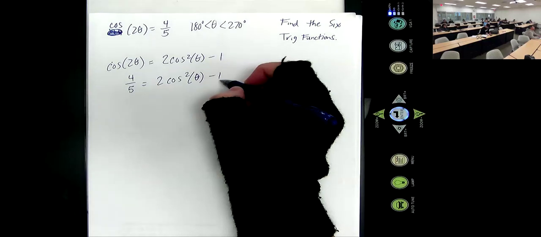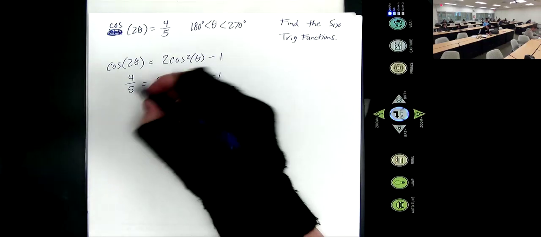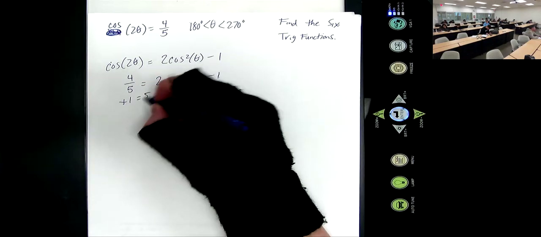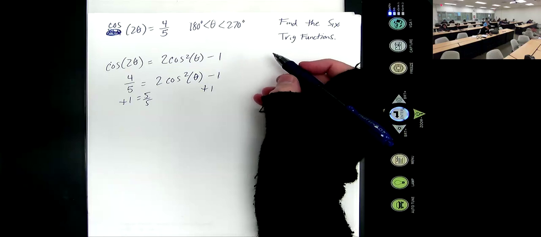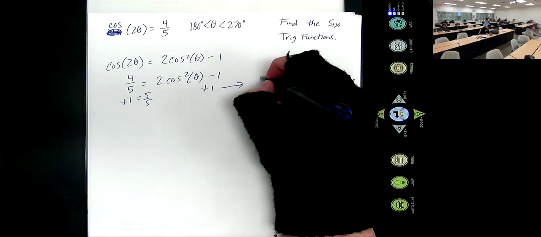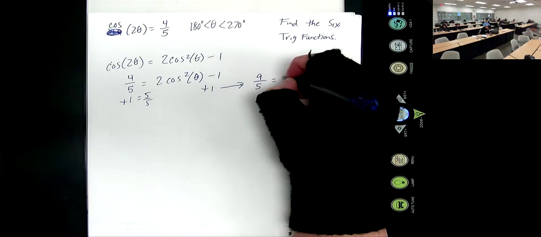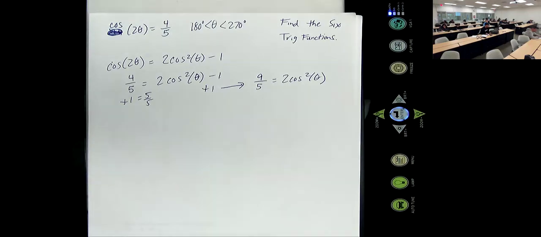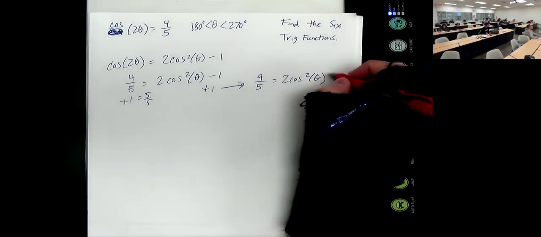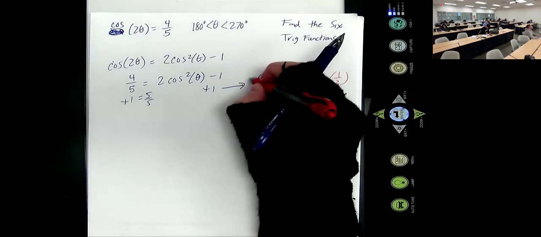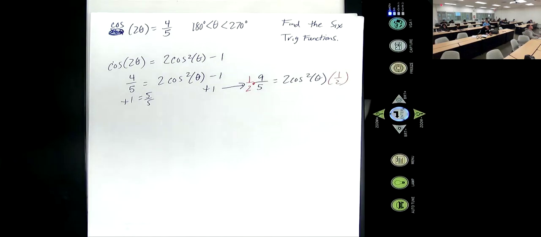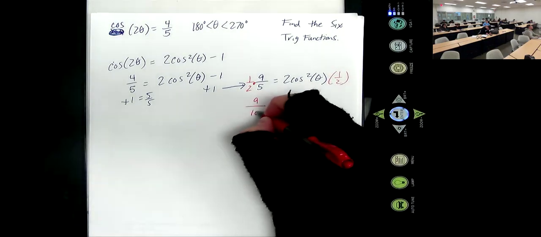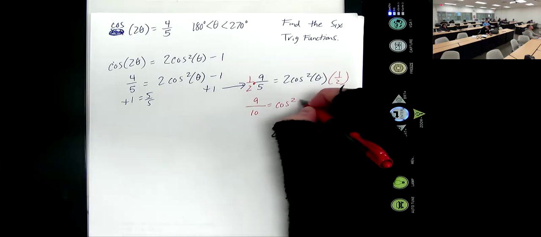So we'll solve for cosine squared theta, we'll add 1 to both sides. 1 is the same thing as 5/5. So if we do that, we have 9/5 equals 2 cosine squared theta. I'm gonna multiply by 1/2 rather than divide by 2 because it makes it easier to do the other side. And we get 9/10 equals cosine squared theta.